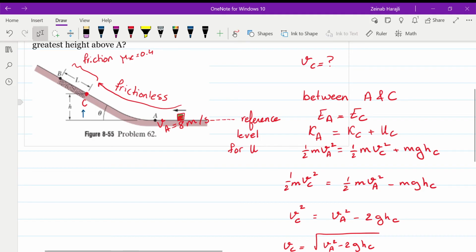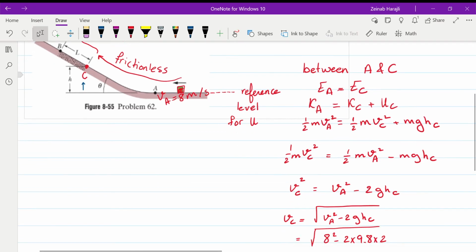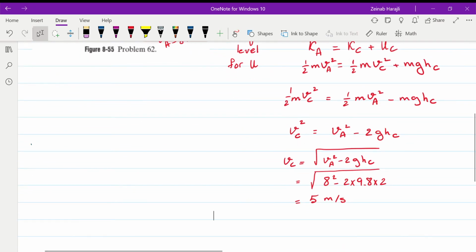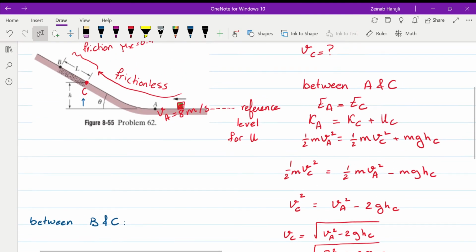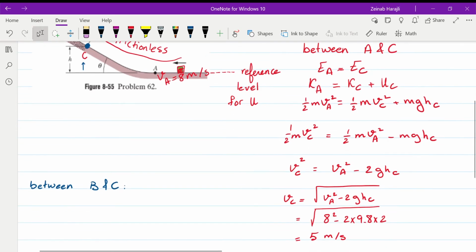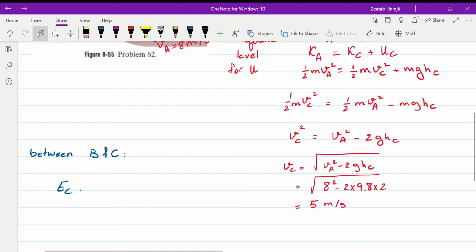We can now study the change in the mechanical energy between points B and C. We know that the energy that this block will have at C is going to decrease due to the friction. So the energy at C will be equal to the energy at B plus the work that we have lost due to friction, which is going to be the friction times the displacement, right?